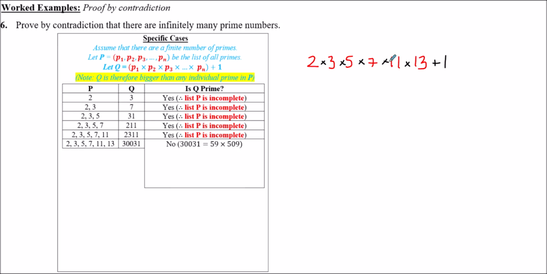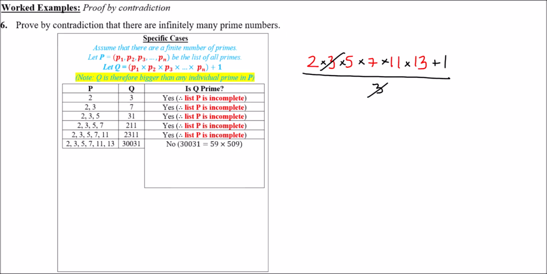Well, let's imagine this number Q. If we divided Q by any of the primes in P, we'd have a remainder of 1. For example, if we divided it all by 2, that 2 would cancel, but we still have this remainder of 1. If we divided it by 3, cancel there and there, but because 1 doesn't divide by 3, we'd still have this remainder of 1.